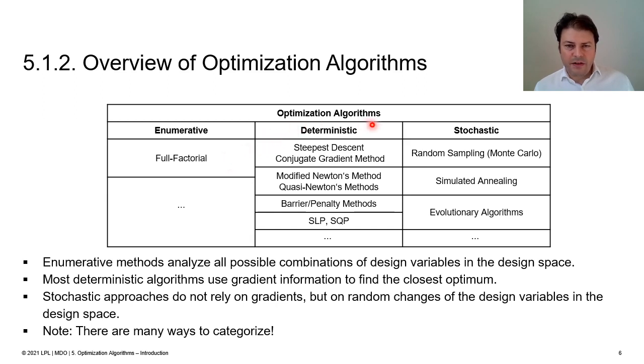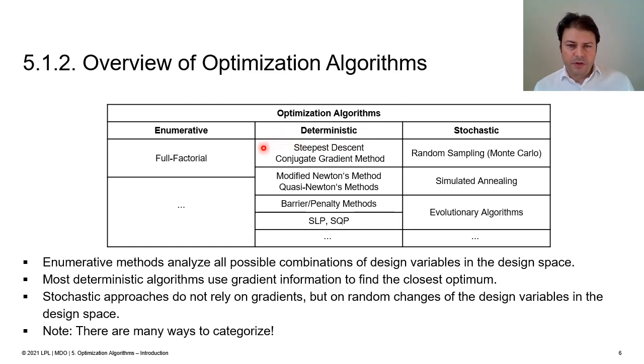Then there is another class or category which you could call deterministic. Strictly speaking, enumerative would also be deterministic. But in those deterministic algorithms, there is some intelligence embedded that avoids scanning the entire design space, and that intelligence pretty much relies on gradients.